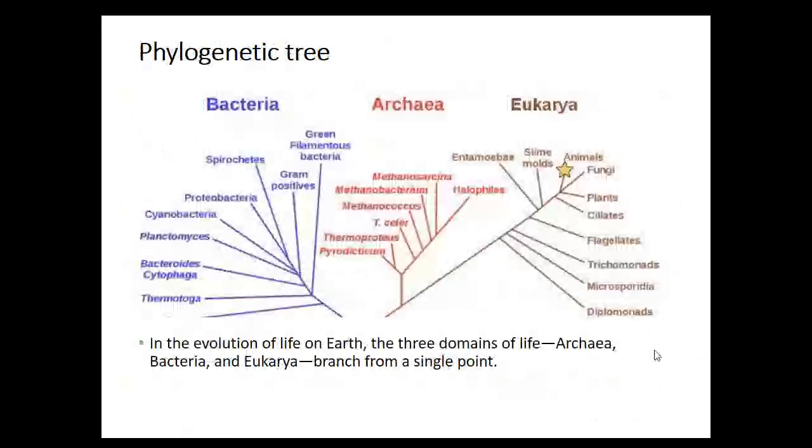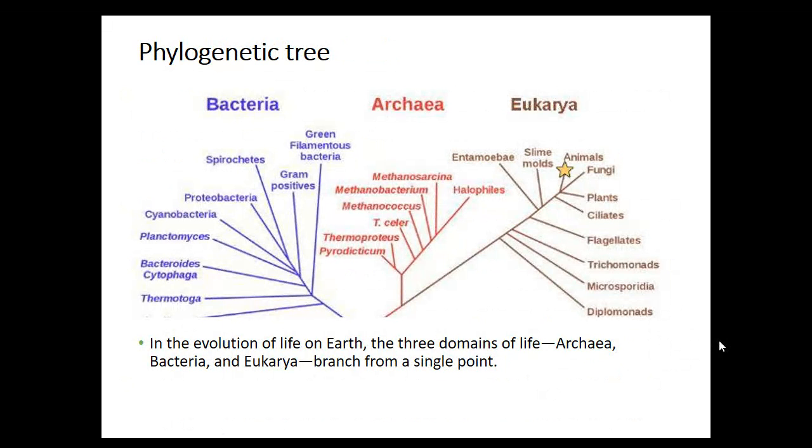Even Charles Darwin, in his notebook, his journal, had some sketches of simple evolutionary trees that he was trying to formulate to describe the relationships between some of the different organisms that he was studying.